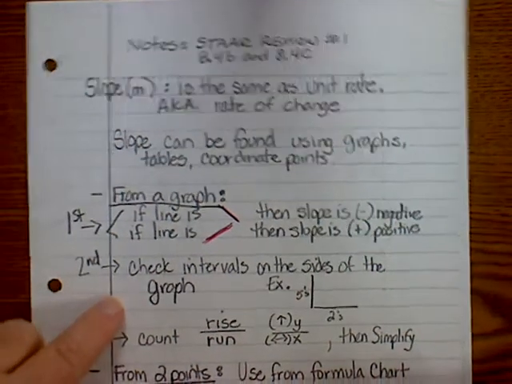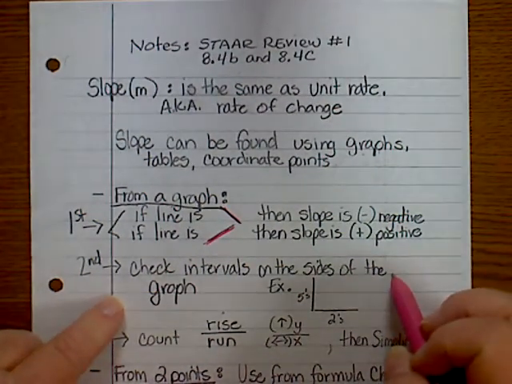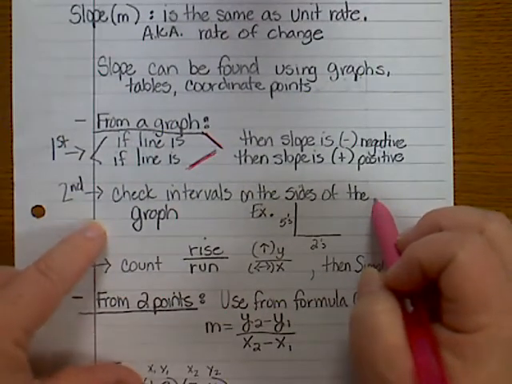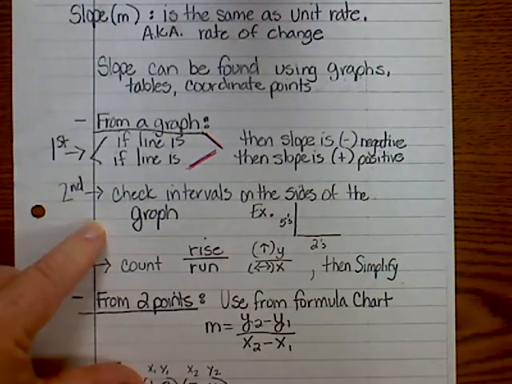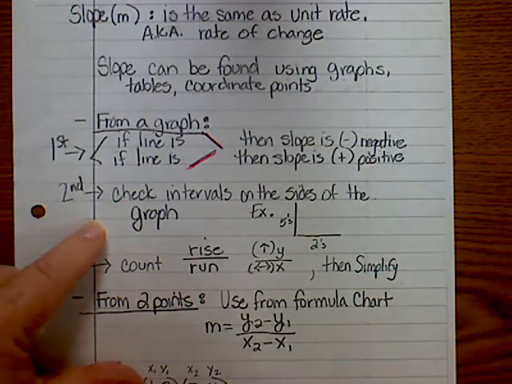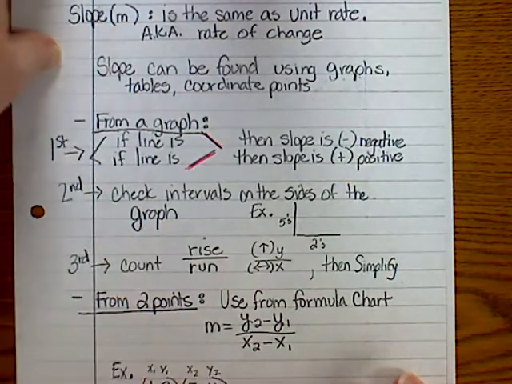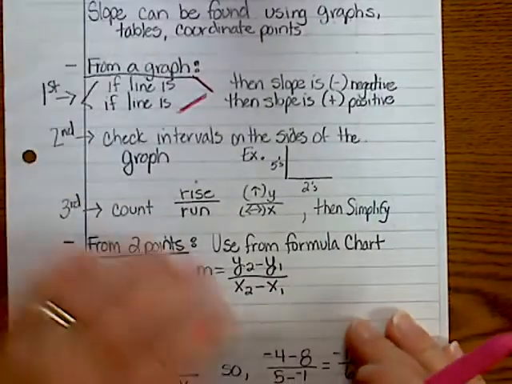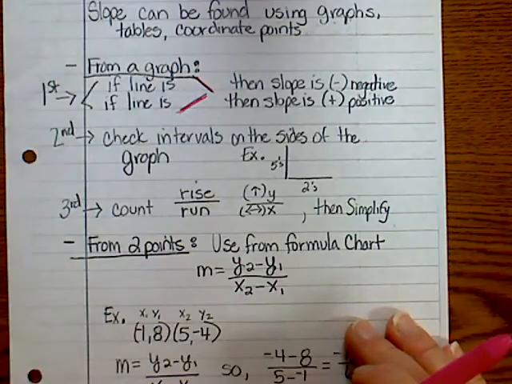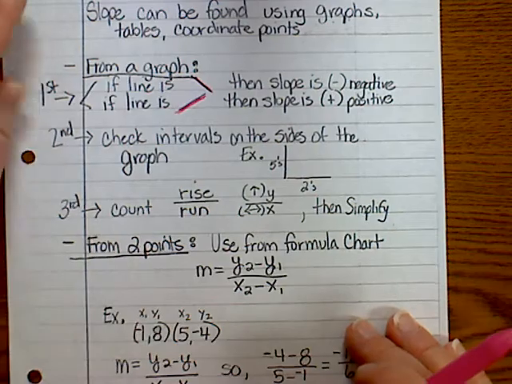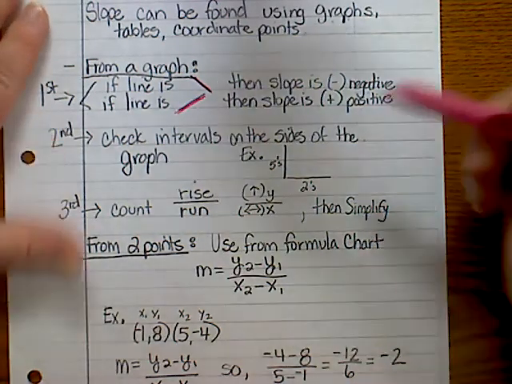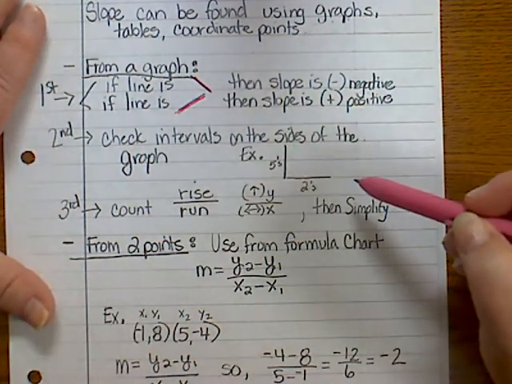Second, check the intervals on the sides of the graph, because in 8th grade, there is only one problem I will guarantee they will be by ones, okay? And that's that problem where you have your similar triangles on there. Other than that, the intervals will not be by ones. And not only will they not be by ones, they might be different on the y-axis versus the x-axis.